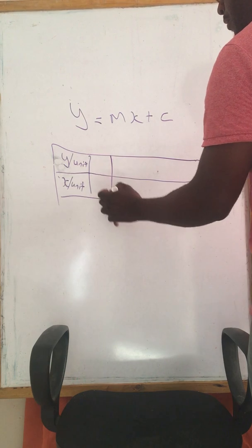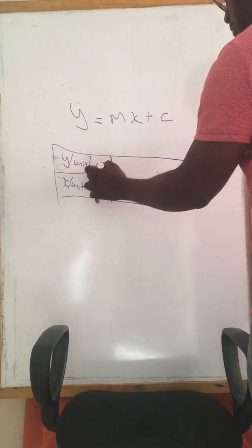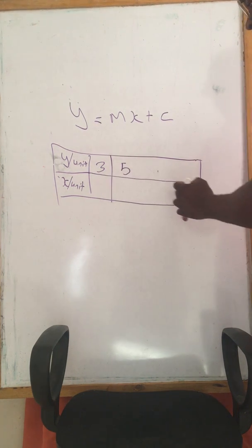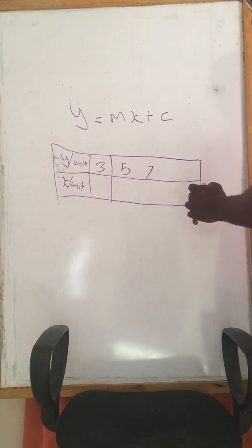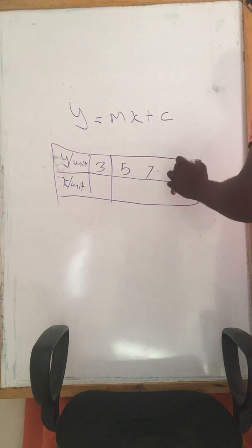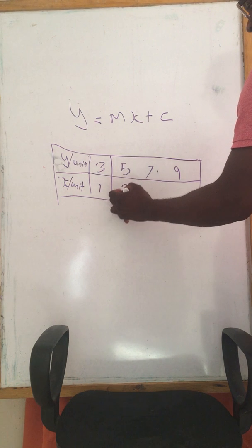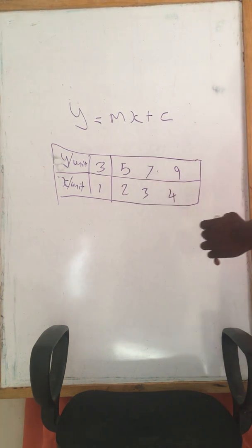And let's say we have 3, 5, 7, 9, and we have 1, 2, 3, 4.